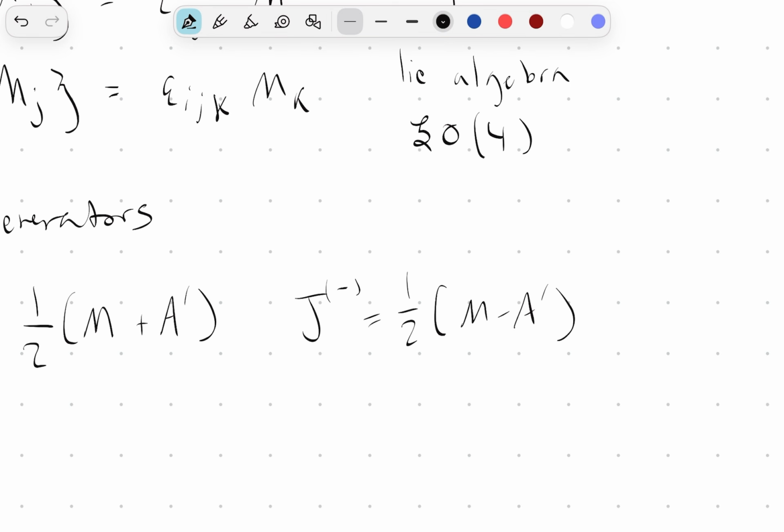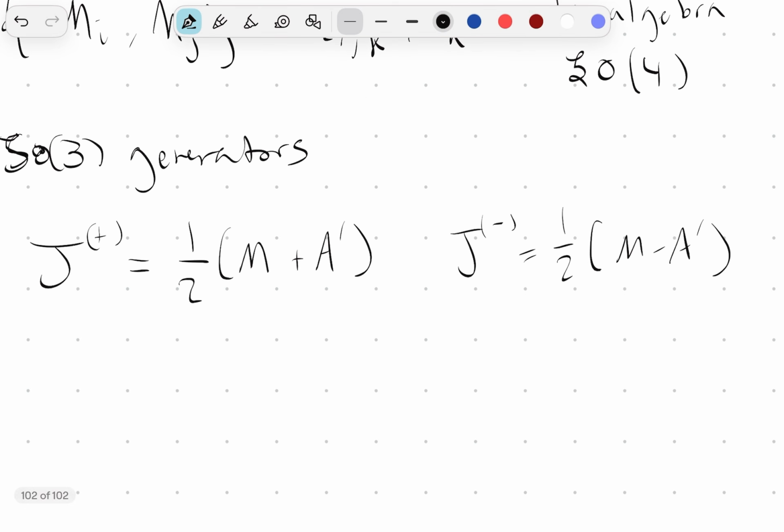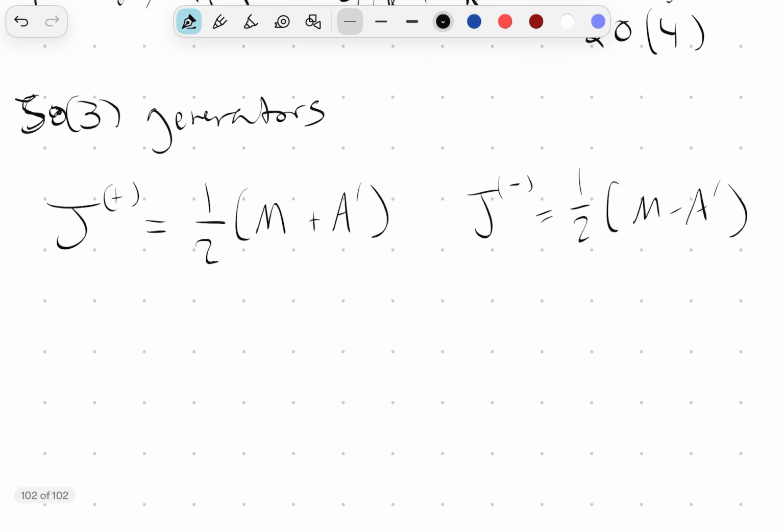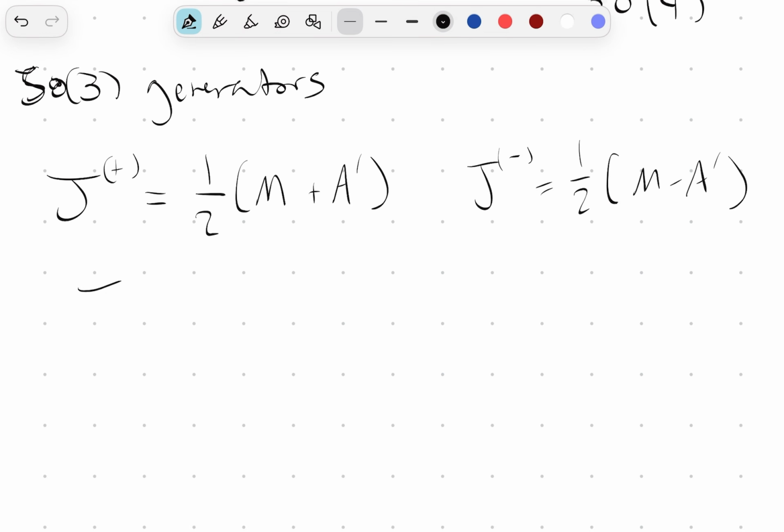Okay. Then what happens is we can construct these. They're basically Casimir type operators for SO3. But what's interesting is the Levi-Civita.